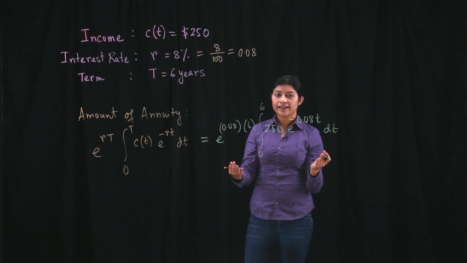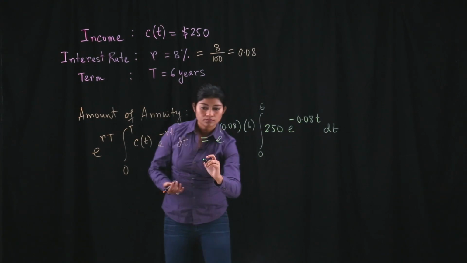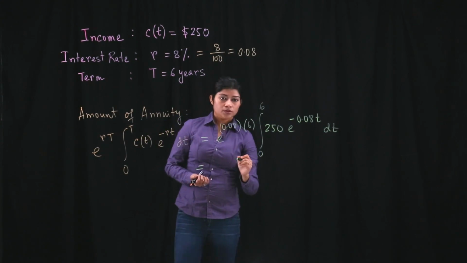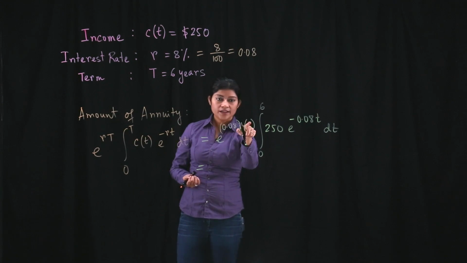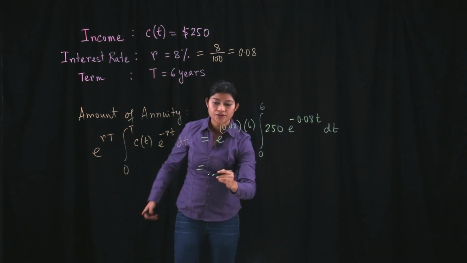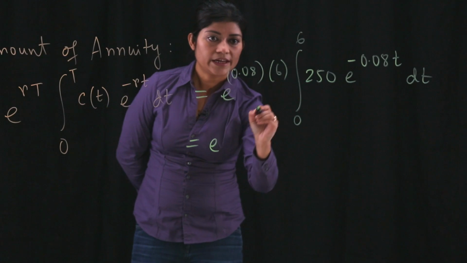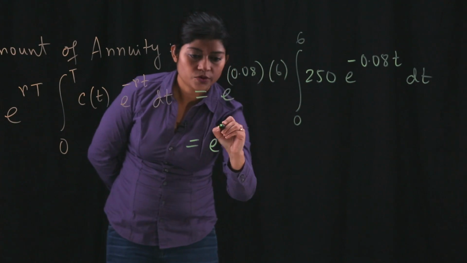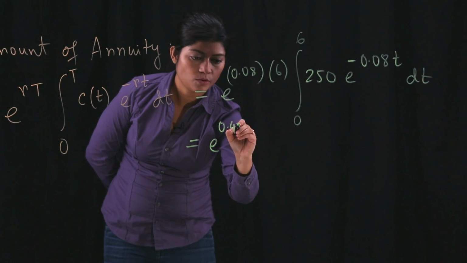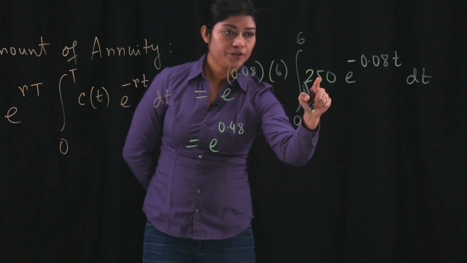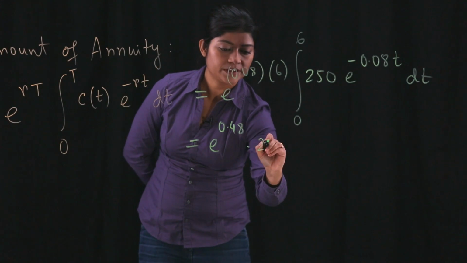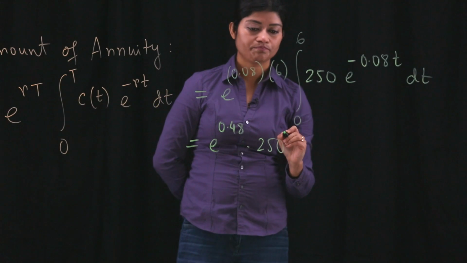We just find the antiderivative. So if you want, you can simplify a little bit here. 6 times 0.08, that is 6 times 8, so 48. So this is 0.48. And you can pull out 250 outside the integral.